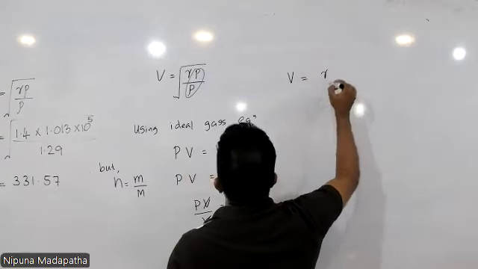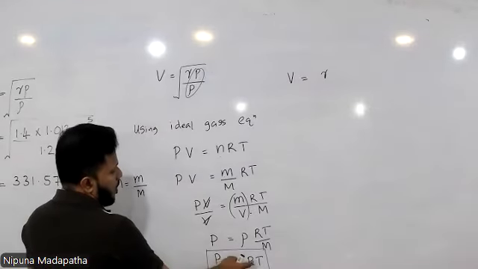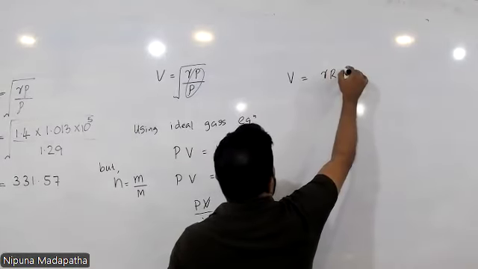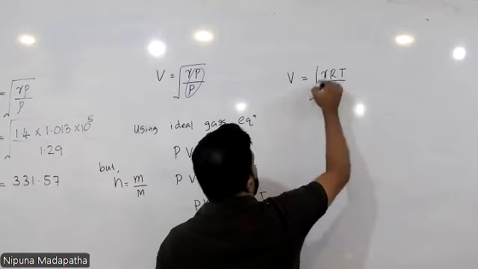Instead of P over rho, I write RT over M. So V equals the square root of gamma RT divided by M.